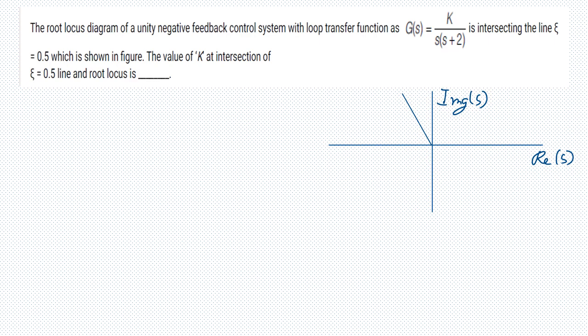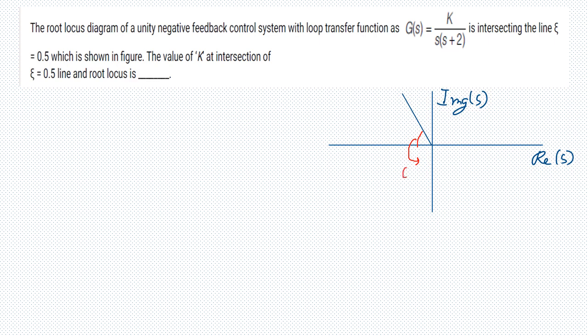So this is the first question that we will be doing today, and let me read the question for you. The root locus diagram of a unity negative feedback control system with loop transfer function G(s) equal to K over s plus 2 is intersecting at zeta equal to 0.5, which is shown in the figure. You can see here this is intersecting at a point where zeta is equal to 0.5.